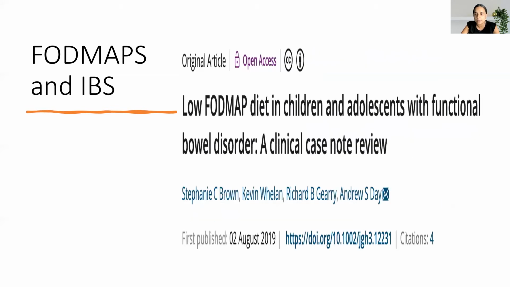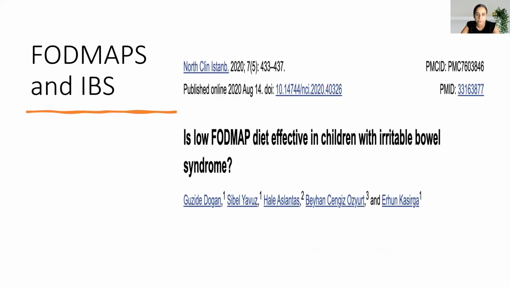More recently, a study of 60 children 6 to 18 years old who were diagnosed with IBS using Rome-4 criteria. Patients were randomly selected and divided into 2 groups. 30 got a low FODMAP diet, 30 got a general protective standard diet. And the authors found that a low FODMAP diet seemed to be more effective for symptom control in IBS.